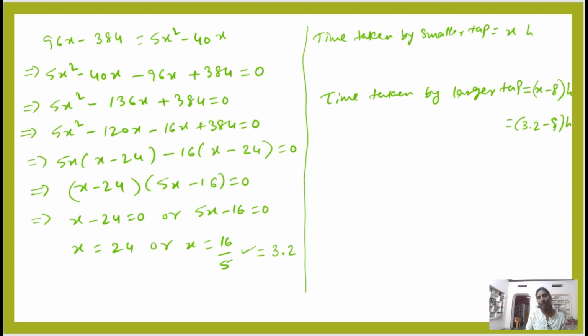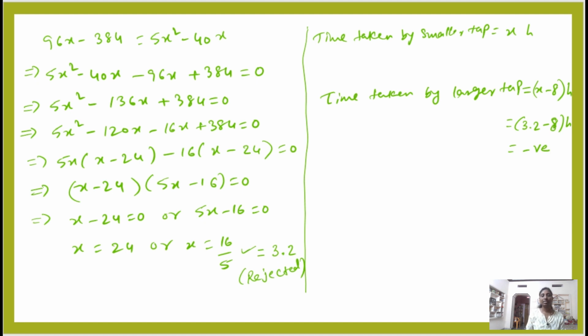Okay, 3.2 minus 8, we will get a negative answer. It means time taken by larger tap is negative. Time cannot be negative. So rejected. Okay, it is not possible.